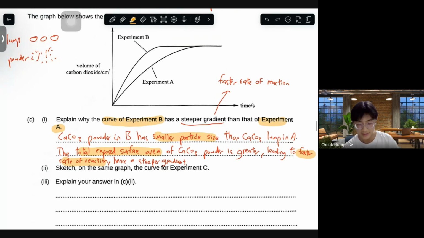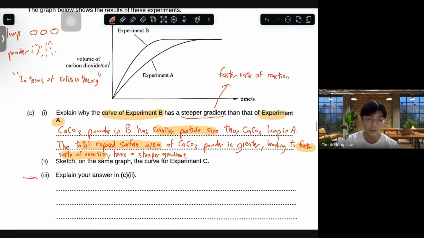Usually exam questions will be more specific. If they really want you to talk about the collision, they'll say in terms of collision theory. So not to worry too much about that. For part 3, we'll definitely use collision theory. Hey, wait, part 3, no, actually part 3 doesn't need it. Sorry.